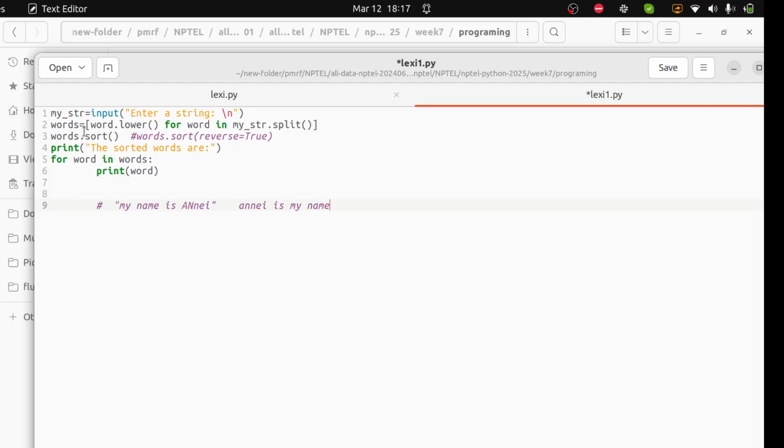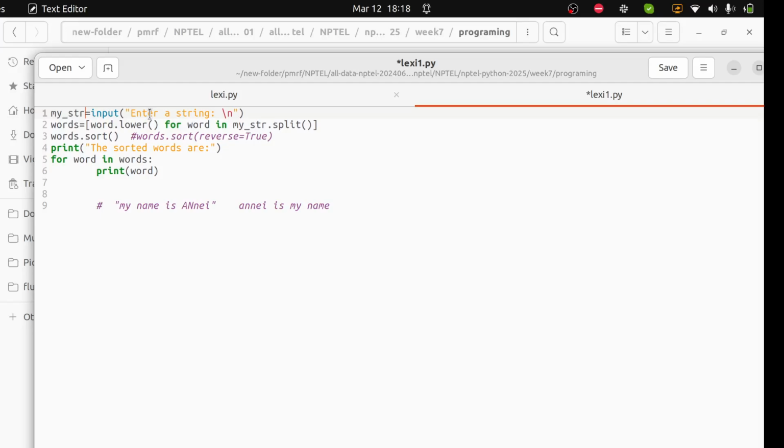So just see that program. Program means like there is one name like my string. Okay, like I just mentioned here, one string name, my string, and input is like that, enter a string. So input means obviously you have already known about these things, that what is input and what is the print statement. So input means if I am going to write something in that input bracket, then whatever it will be there in the quotation, that will pop up in my terminal.